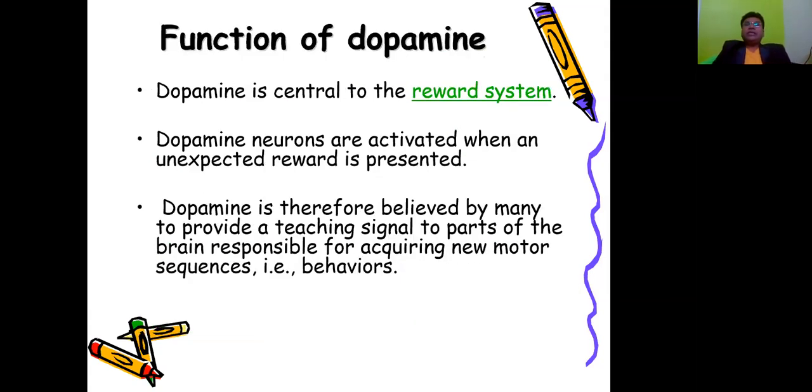Then, what are the functions of dopamine? Dopamine has a central function in the reward system. Dopamine neurons are activated when an unexpected reward is presented.